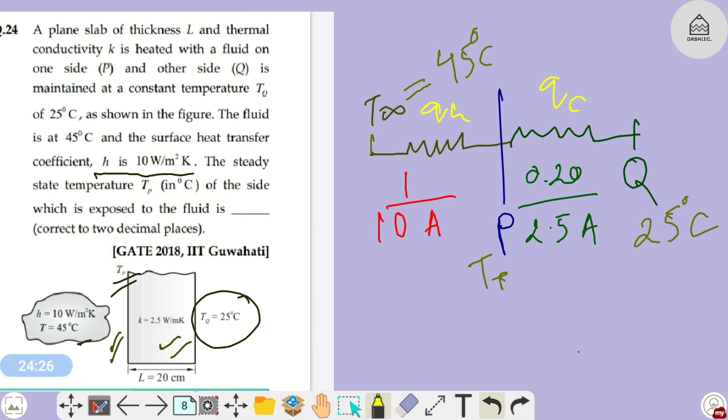QH is the convective heat transfer that takes place from the fluid to the solid body, and QC is the conductive heat transfer that takes place from the end P to the end Q in the body.